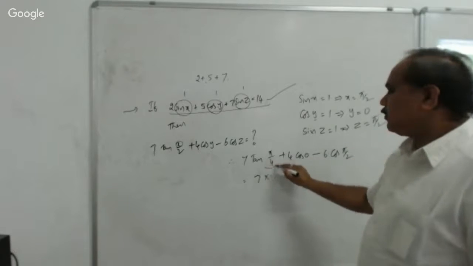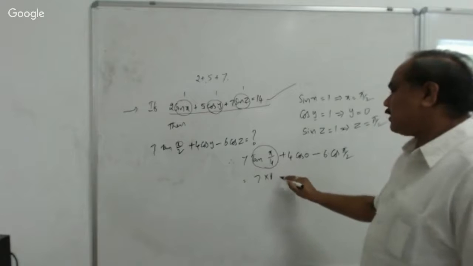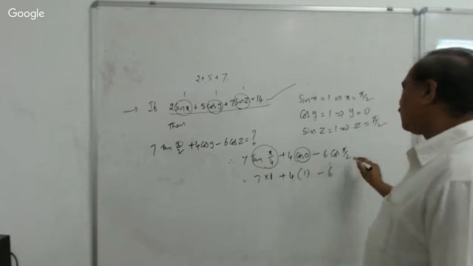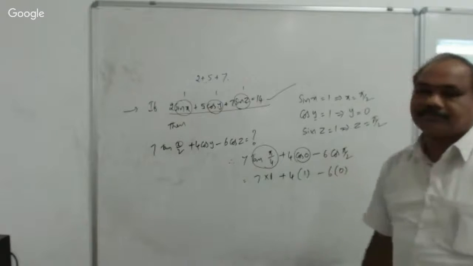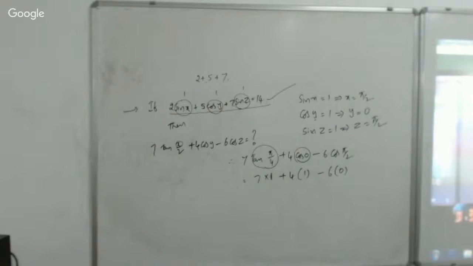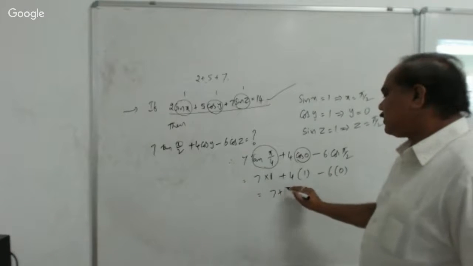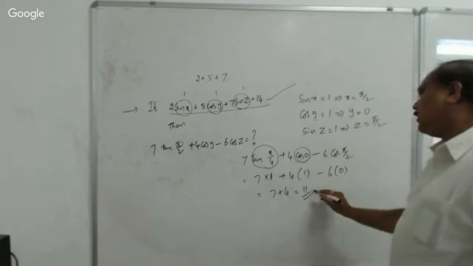Therefore, 7 into tan 45 degrees, which is 1, cos 0 is 1, cos 90 is 0. Therefore, the final answer is 7 plus 4, the answer is 11.